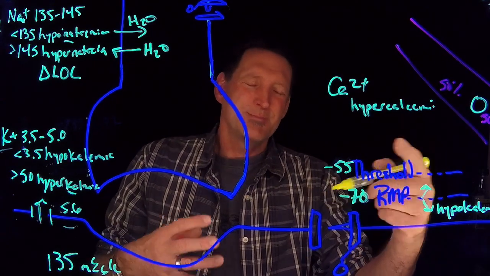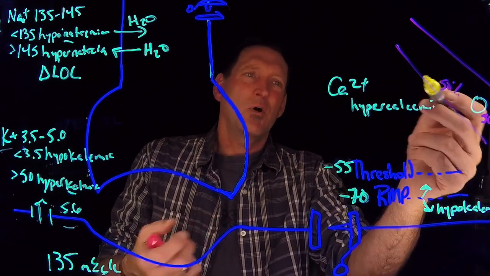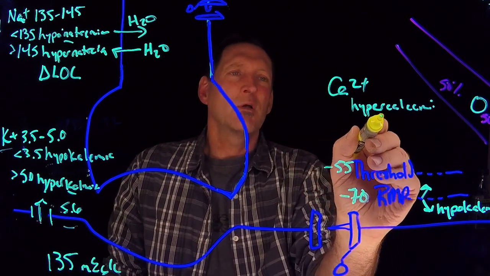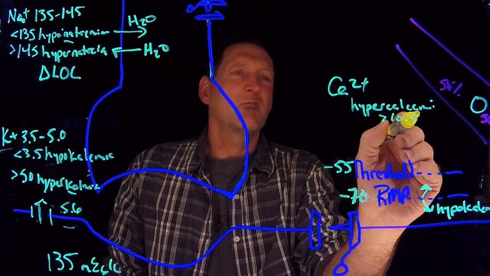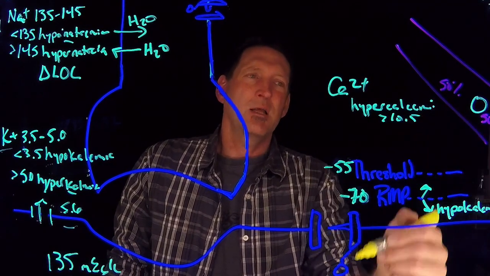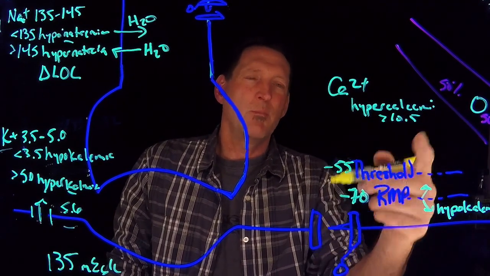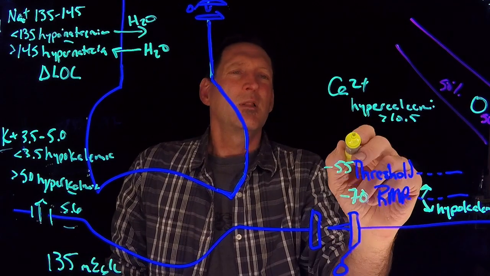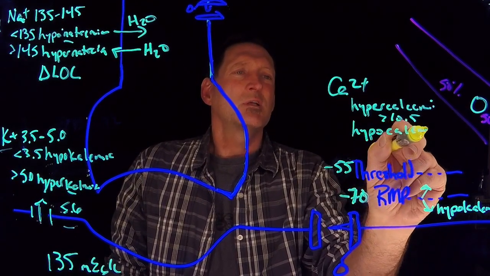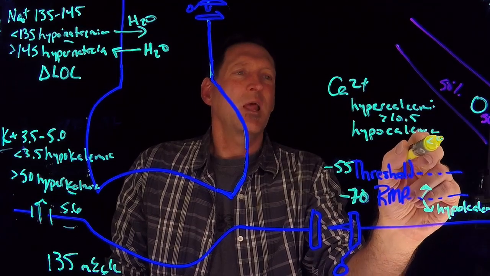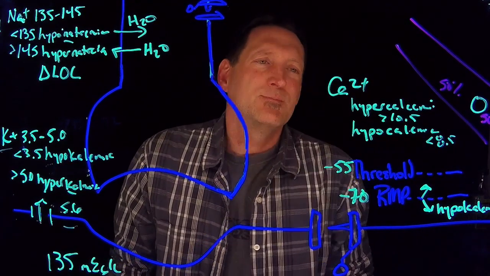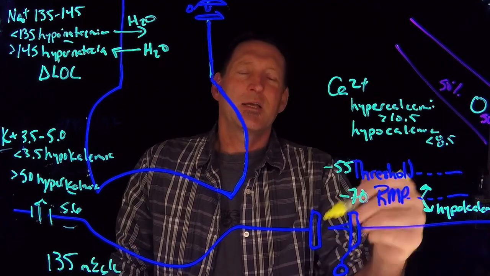But because they consider total calcium, usually with hypercalcemia, you've gone greater than 10.5 milligrams per deciliter on both your ionized and your total calcium and albumin bound. On the other hand, with hypocalcemia, I've dropped below 8.5. So anyway, it's only the ionized that can do the work.